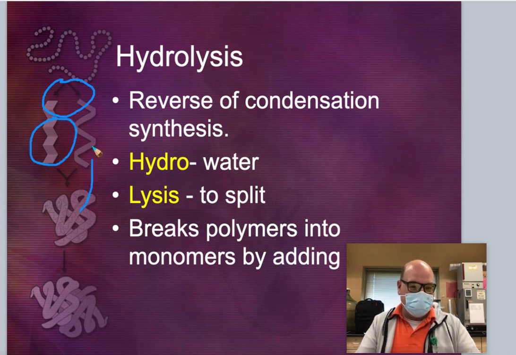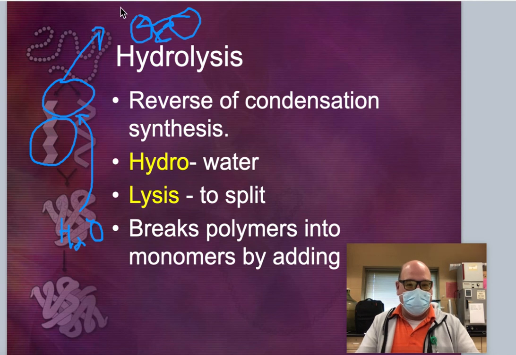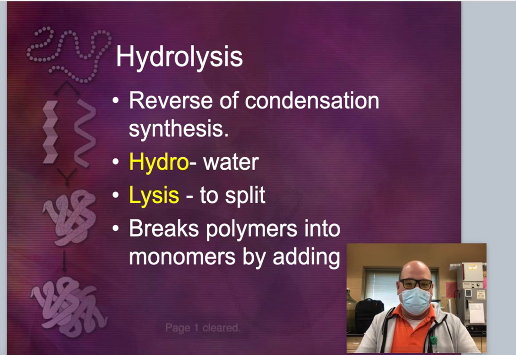Okay, and we send water in, and when the water goes in, these will break apart into two separate pieces. And half the water, the H will go on one, and the OH will go on the other, and those will end up having hydroxyl groups on a portion of the main monomer. All right. I know there's a lot here, so you might have to watch this more than once.